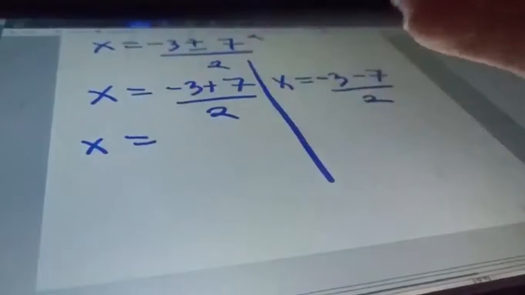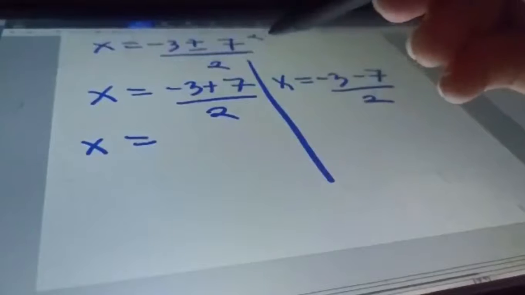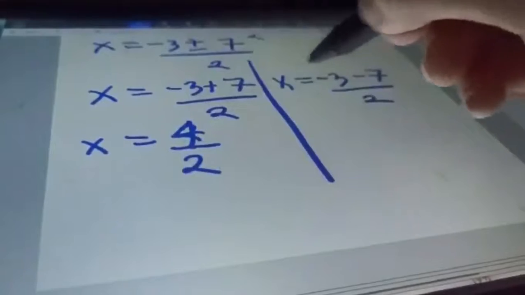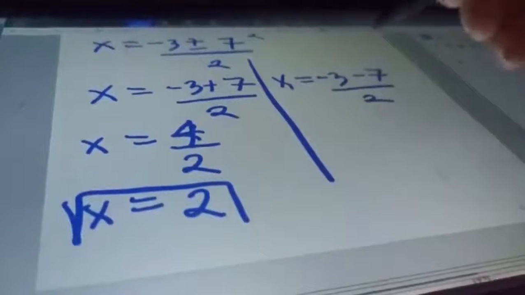So, x is equal to negative 3 plus 7 is 4 all over 2. And x is equal to 4 divided by 2, 2. Ito yung sa positive.